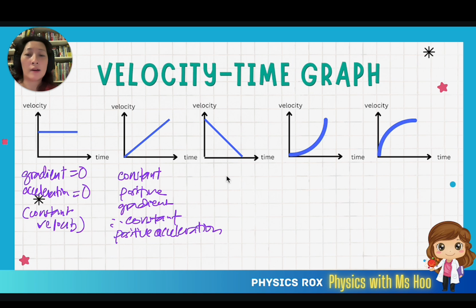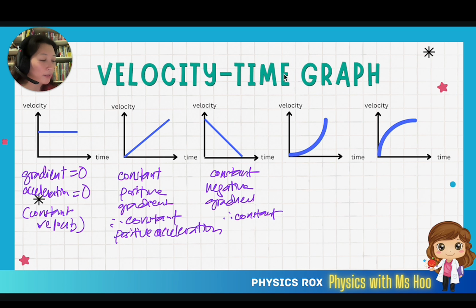Whereas if you have a graph like the third one where the velocity is decreasing, this gives us a constant negative gradient because the graph is moving down. So if it's moving down means the acceleration in this case is negative. So it's a constant negative acceleration, which could mean deceleration in this case. So is it decelerating? Yes, because the velocity is decreasing.